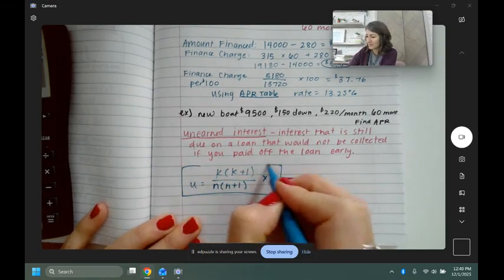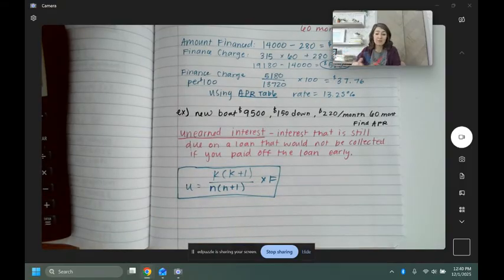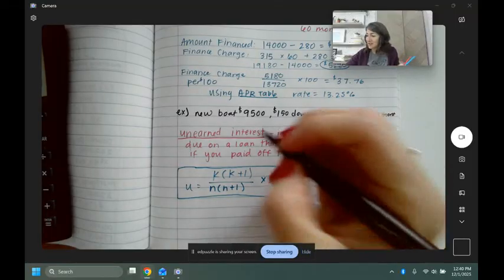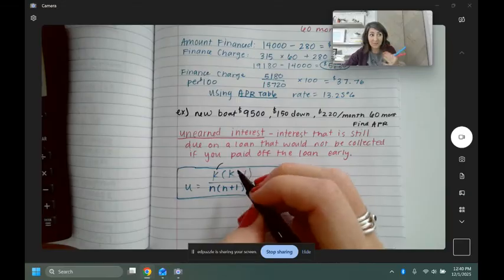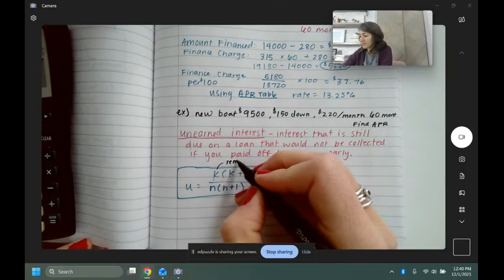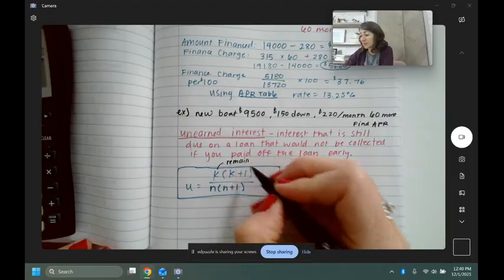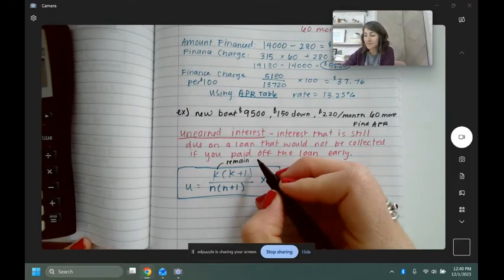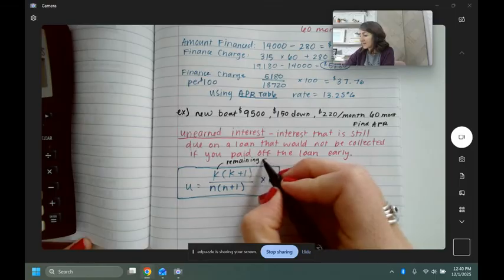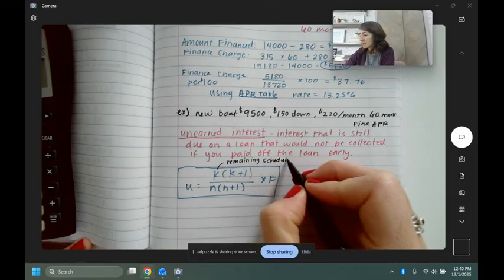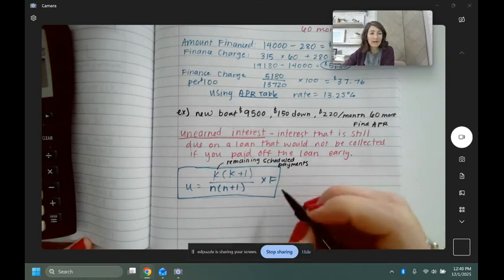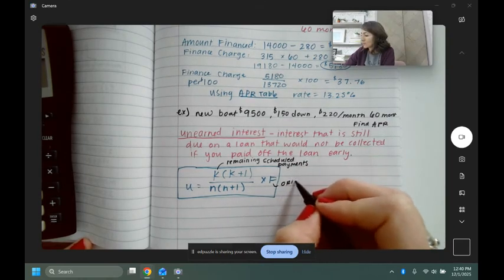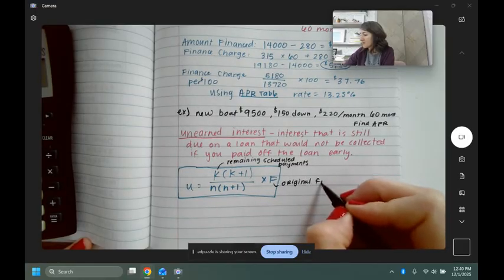What do all of these mean? K is going to be the remaining scheduled payments, not the original amount, not 60 months, but how many were still scheduled. So if I've already paid for 24 months, how many months are left? F is the original finance charge.